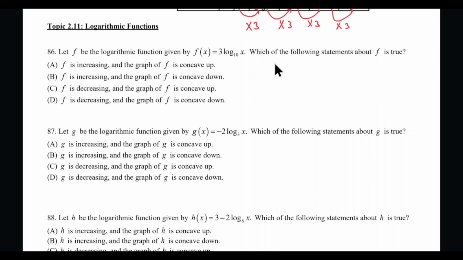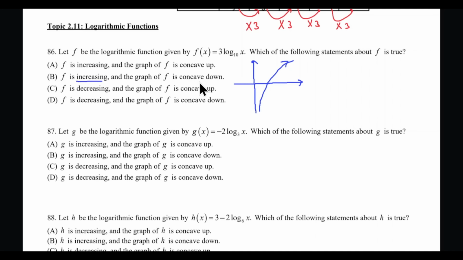Okay. Which of the following statements about f is true? For that, we need to know the graphs. This graph will be like the parent with a base greater than 1, since the base is 10. So it looks like this. Clearly this is increasing, and also clearly this is frowning.